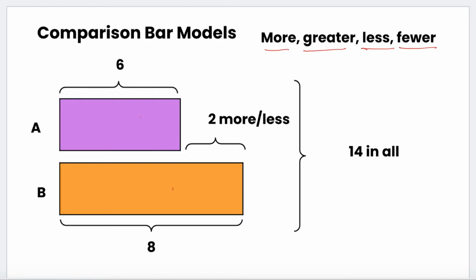This comparison bar model shows the lesser amount, which is 6 purple Starbursts, and the greater amount, 8 orange Starbursts. And the difference between the two amounts, which is 2 more orange, or we can say 2 less purple. And then over here, we've labeled how many orange and purple Starbursts there are in all.